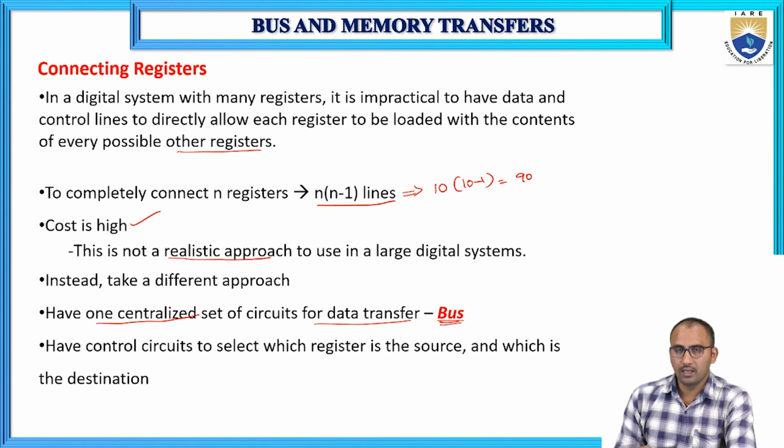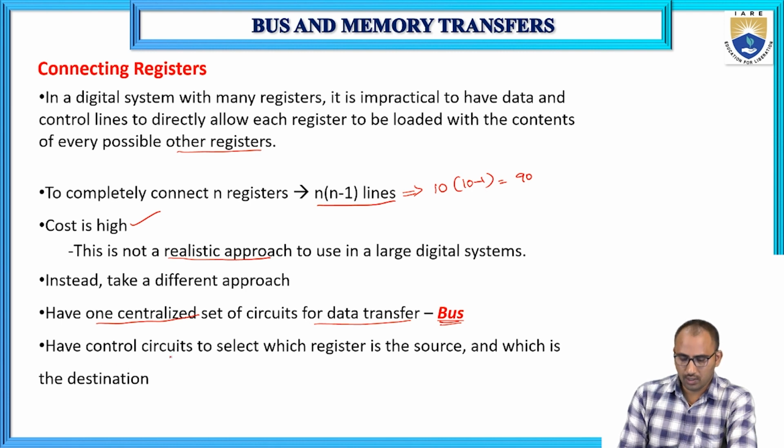So using this bus with fewer connecting wires, we can transfer information from one register to another register without connecting directly with each other. That is the use of the bus.